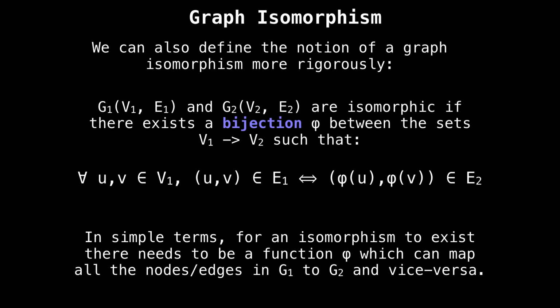So in layman's terms, this means that for an isomorphism to exist, there needs to be a function which can map all the nodes and edges in G1 to G2 and vice versa.